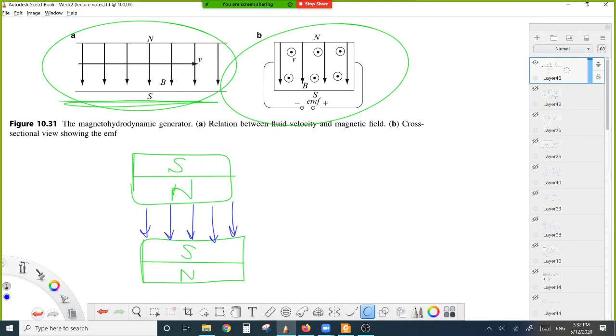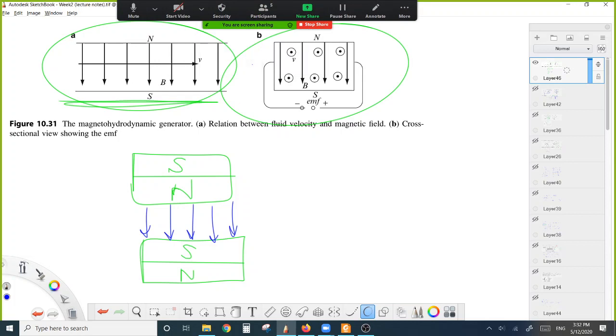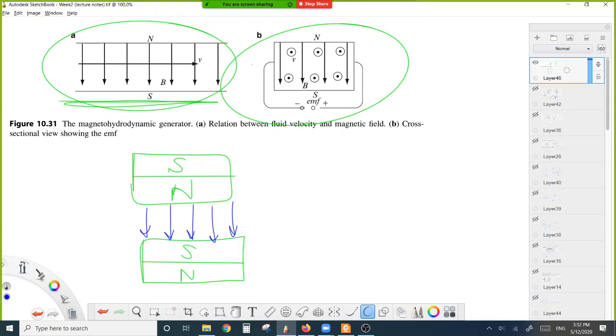These two magnets generate a very high magnetic field in the channel between them, and this channel can sometimes be called a magnetohydrodynamic channel, and two conducting electrodes are placed at right angles to the field, insulated from the magnet and each other.